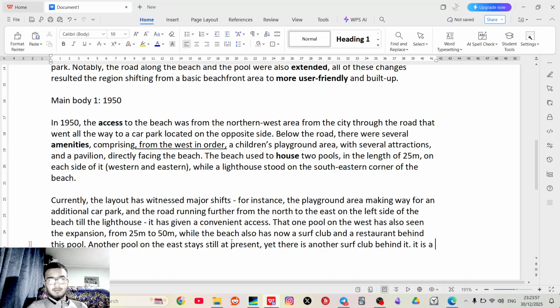The lighthouse and the pavilion have not shown any signs of modification.